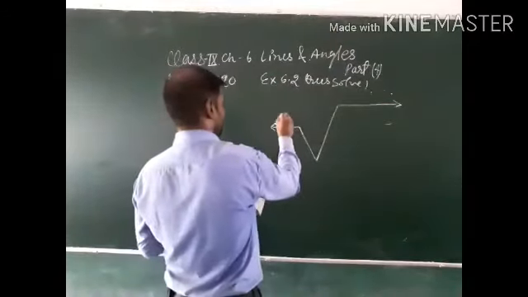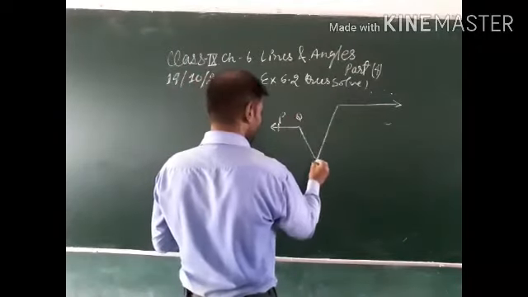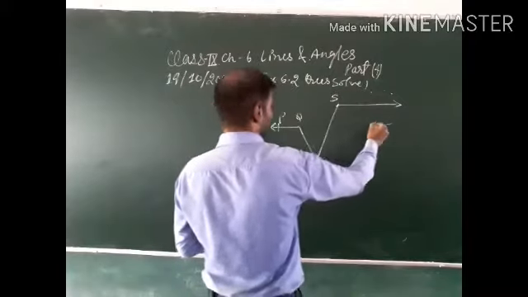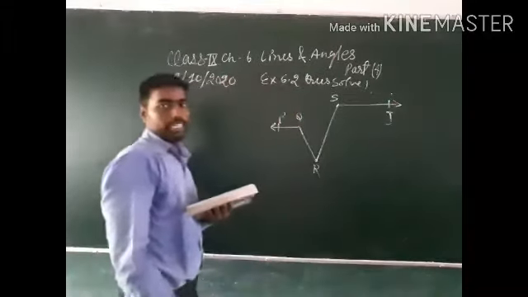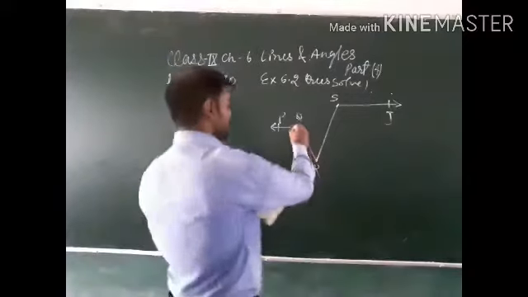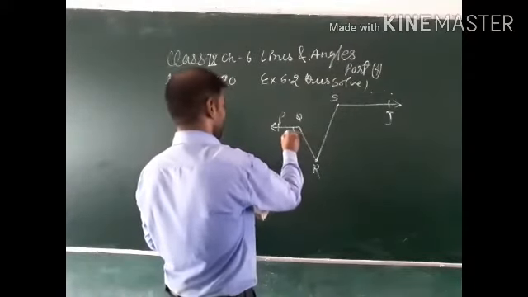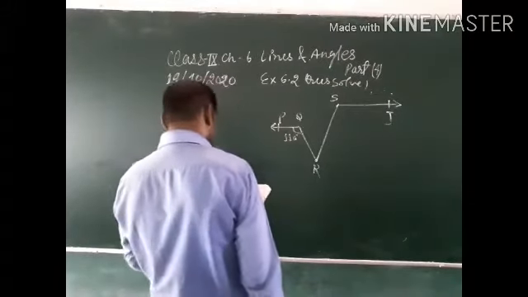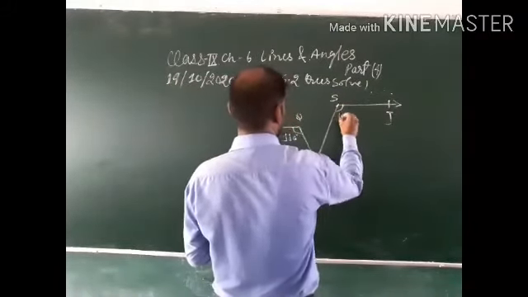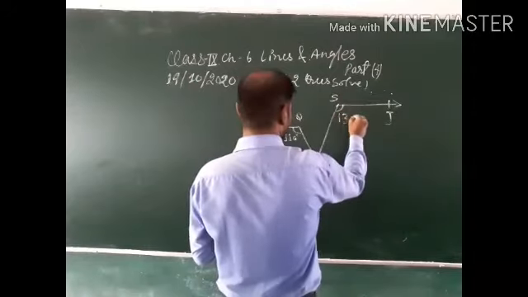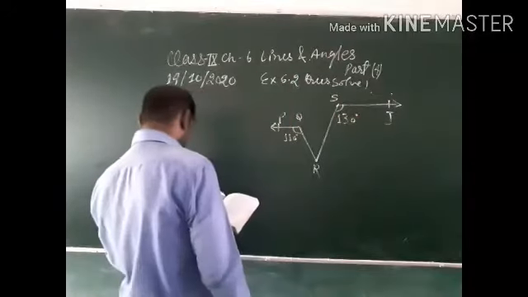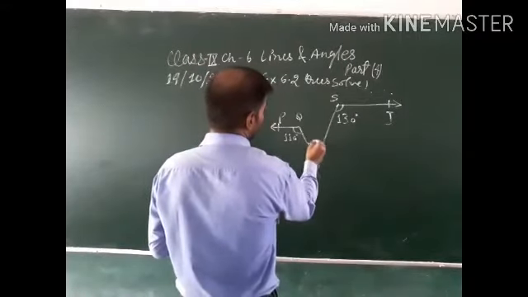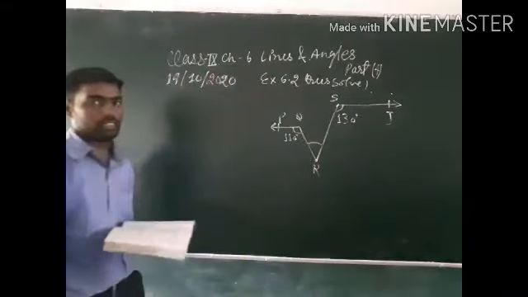This is point P, this is point Q, this is point R, this is point S, this is point T. The value given is PQR equal to 110 degrees, and RST is equal to 130 degrees. And we have to find the value of QRS.